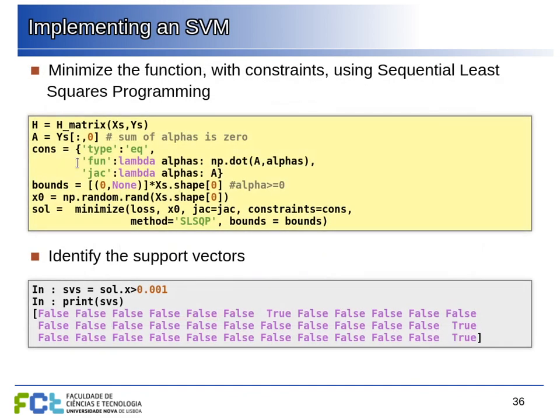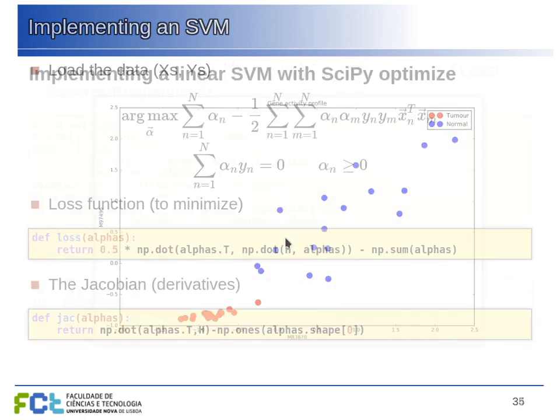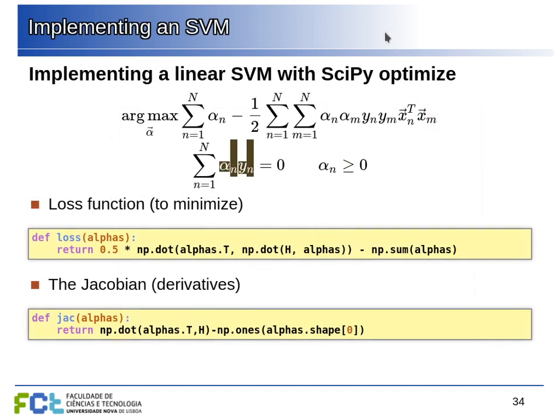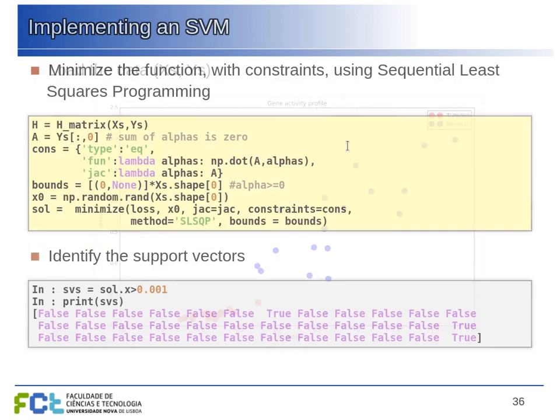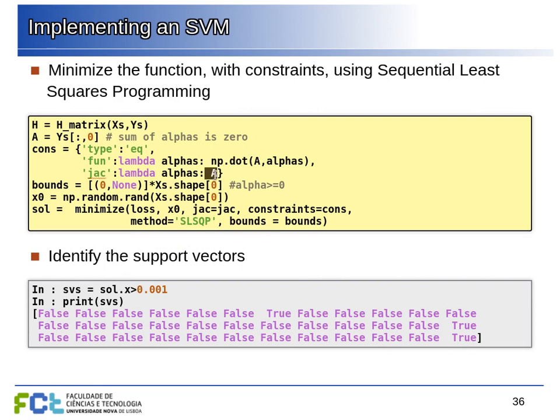So we can add these constraints to our solver like this, which is the dot product of all the classes and the alphas, which must be 0. This dot product is the sum of all the products element by element, and the alphas themselves also must be nonnegative. The derivative of this constraint is given simply by the class labels, because it's what we are multiplying with the alphas.